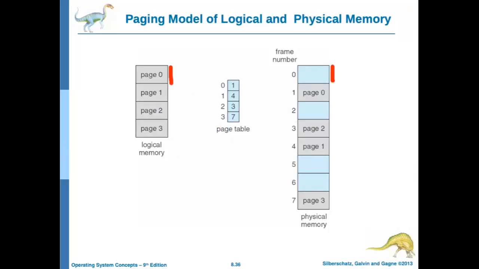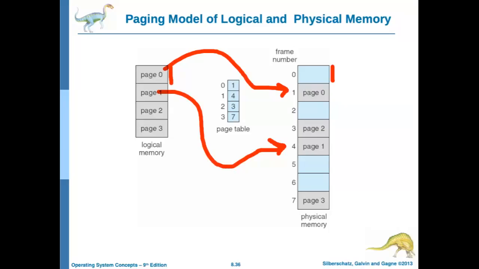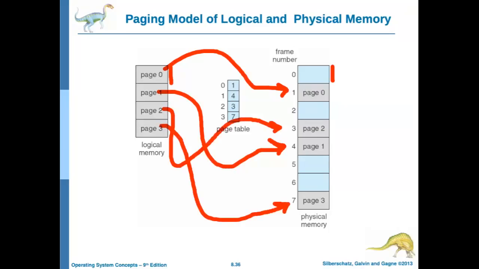For example, page 0 is loaded at frame 1, page 1 is loaded at frame 4, page 2 is loaded at frame 3, and the last page, which is the 4th because the numbering started with 0, is loaded at frame number 7.